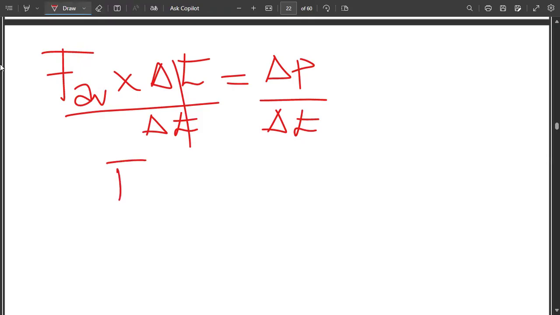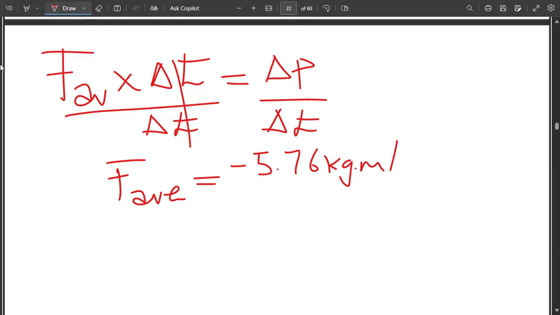The average force will be equal to negative 5.76 kg meters per second divided by the time interval in which the two objects were in contact, which is 0.08 seconds.